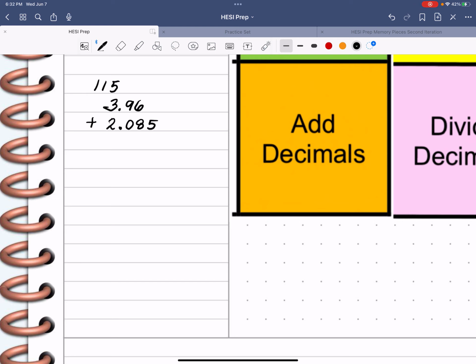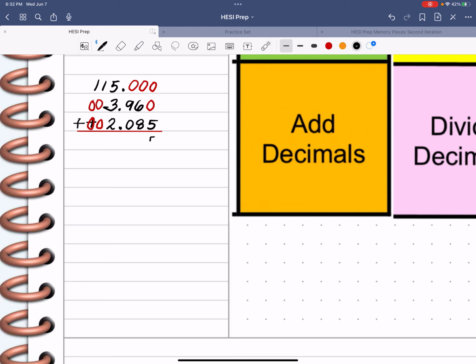So 115 is a whole number. The decimal would be right there. And then I'm going to fill in the placeholders so that it's nice and evened up. That will help you to not miss anything important. So just put in those placeholders as needed and add around them.